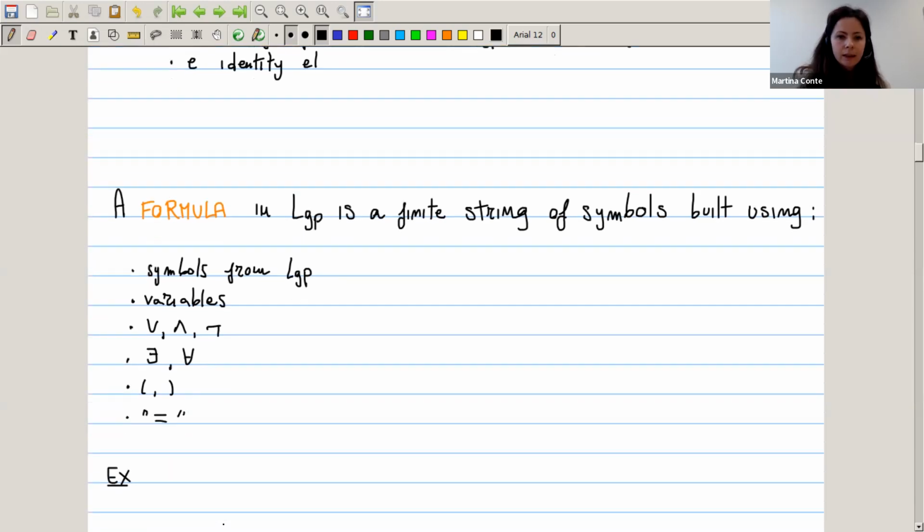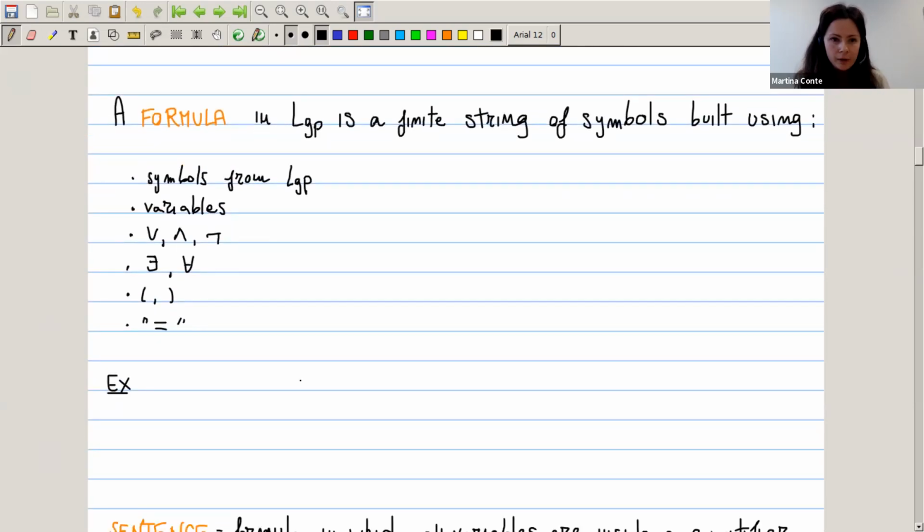For example, let's see immediately some examples of formulas. We can have this formula: there exists x such that x times x times x is equal to the identity e. So you see that here I'm using just a symbol x for the variable, an existential quantifier, the equal sign and the identity.